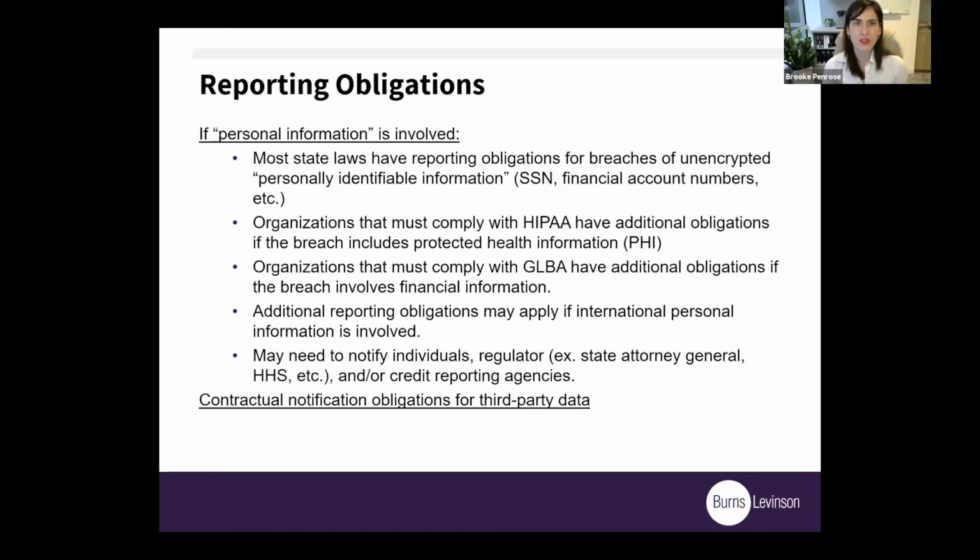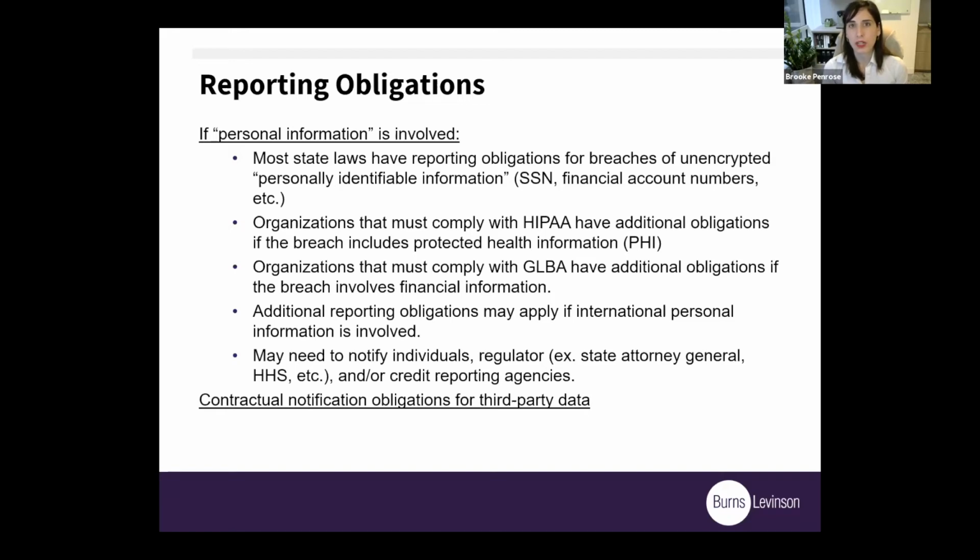Right. So once your organization understands the categories of data that have been breached or misused, it needs to understand whether applicable law or contractual obligations require it to report the incident to others. If the data involves sensitive personal information, such as social security numbers, financial account information, many, if not most states, require the Attorney General and/or affected individuals to be notified if the breach involved unencrypted personal information.